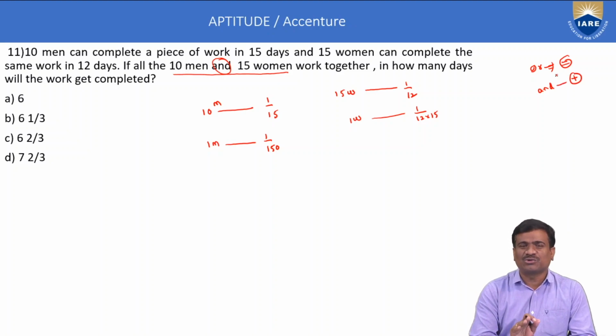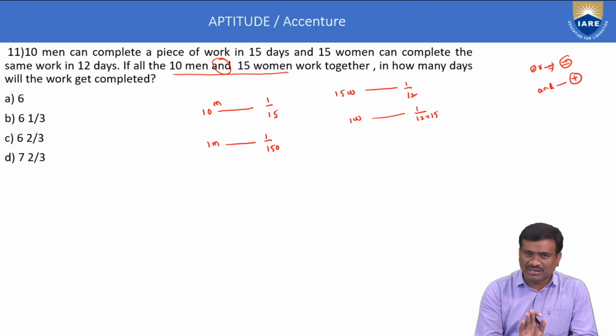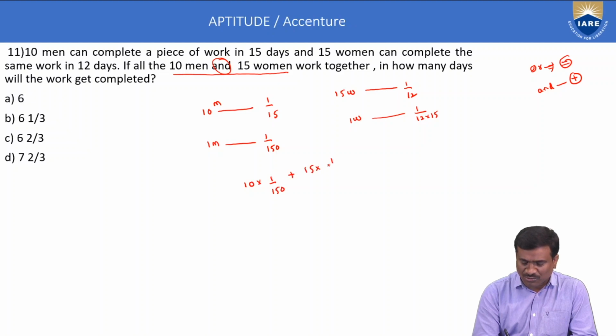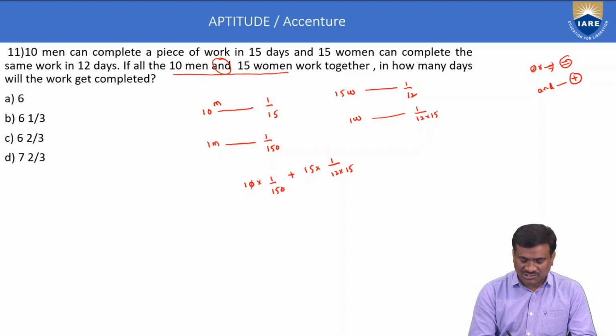Here calculate only addition. Together indicates A plus B. Here 10 men, 1 man 1 by 150, plus 15 women, 15 into 1 woman 1 by 12 into 1 by 15. Here cancel: 1 by 15 plus 1 by 12.